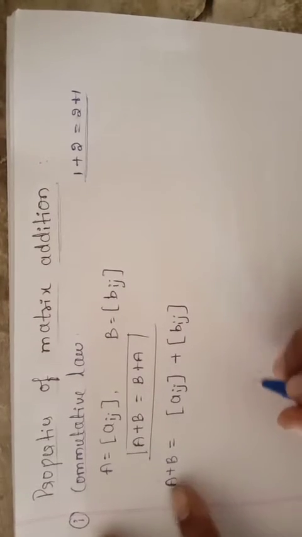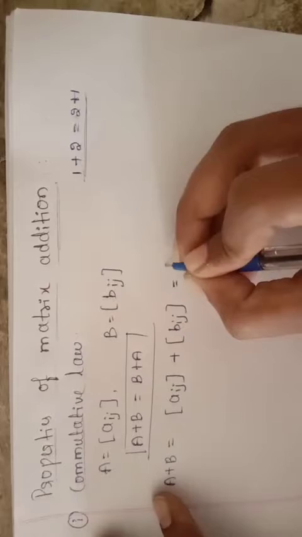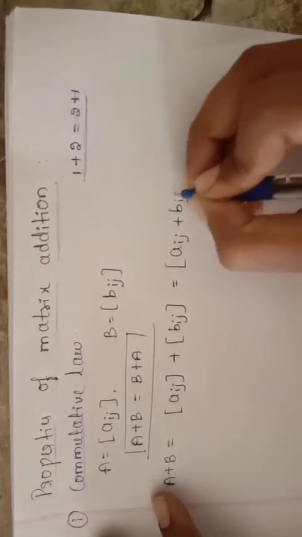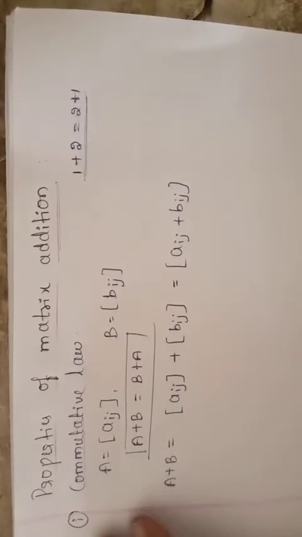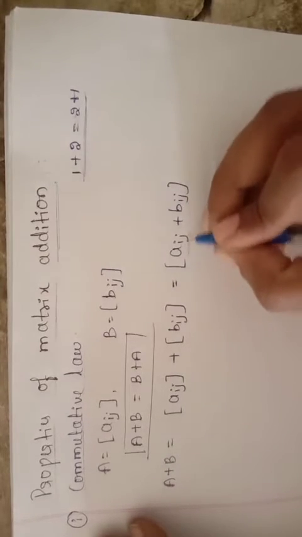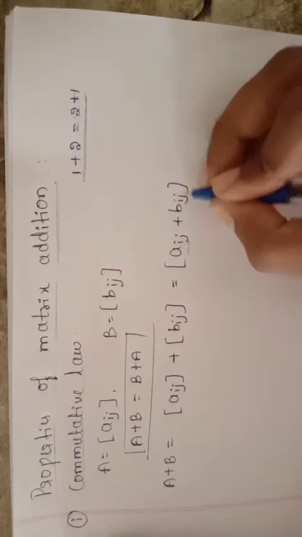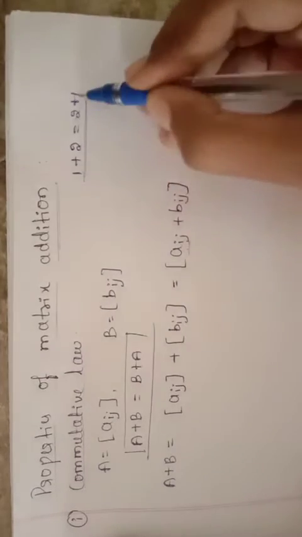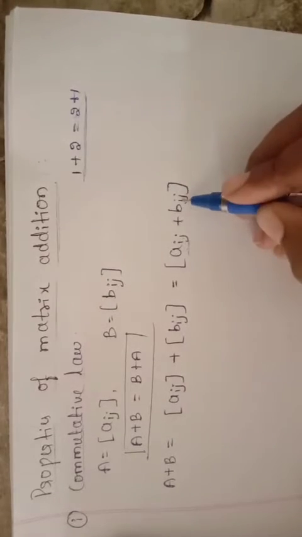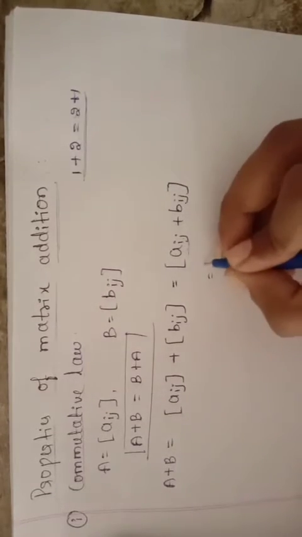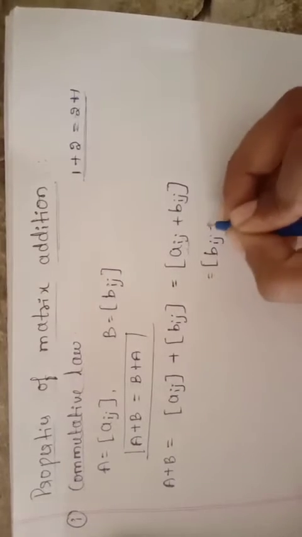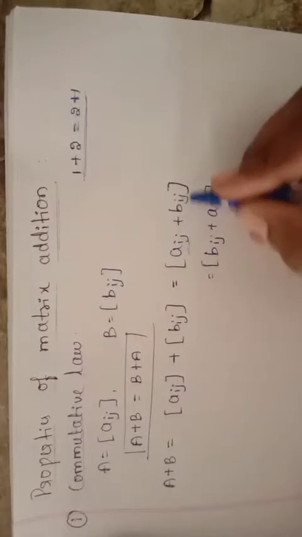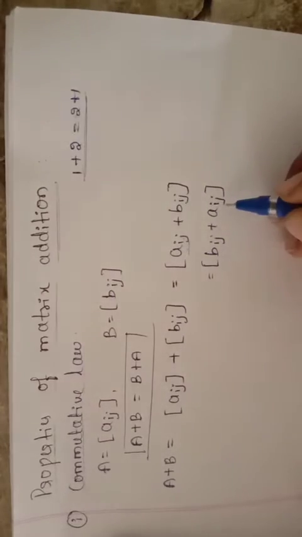So this can be written as a single matrix, that is Aij plus Bij. And these are the numbers. Aij plus Bij are the elements in the matrix. That means if 1 plus 2 can be written as 2 plus 1, then Aij plus Bij can be written as Bij plus Aij, isn't it? We can write like this, no? So Aij plus Bij is equal to Bij plus Aij.